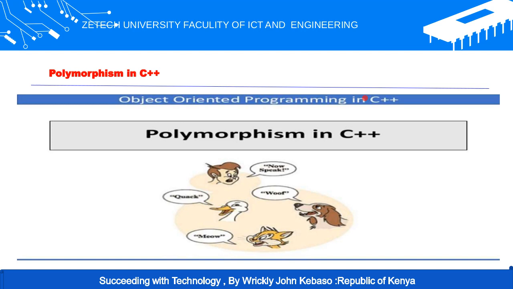So the ability of the operator, which is the addition here, to give you a result for whole numbers and another result for decimal numbers, that in itself is what we call polymorphism. And in this case, we are talking about a term we refer to as operator overloading.